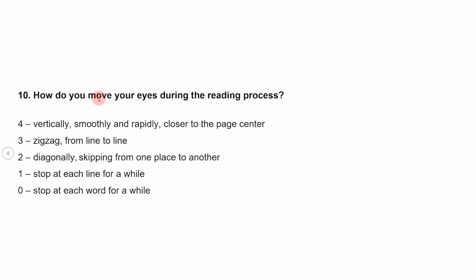How do you move your eyes during the reading process? 4 points. Vertically, smoothly and rapidly, closer to the page center. 3 points. Zigzag from line to line. 2 points. Diagonally, skipping from one place to another. 1 point. Stop at each line for a while. 0 points. Stop at each word for a while.